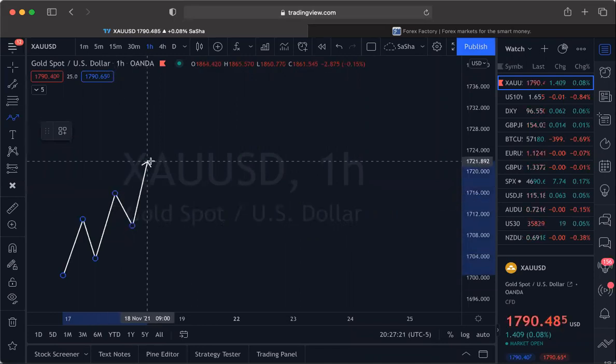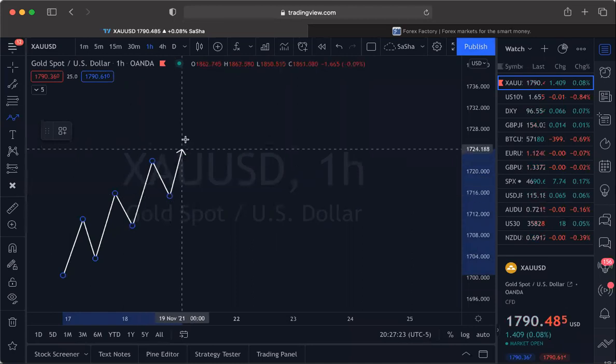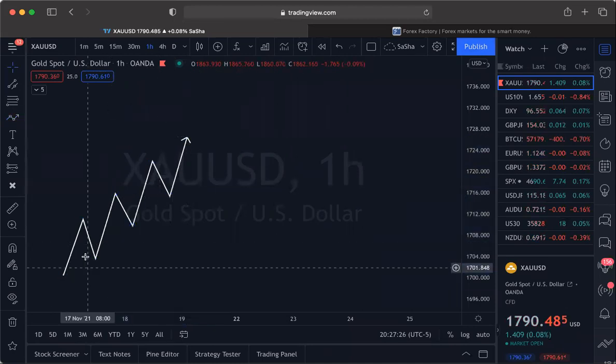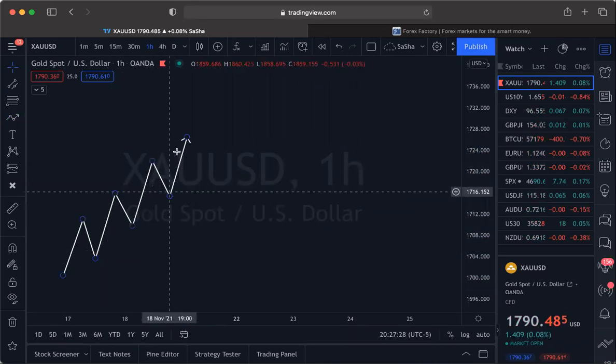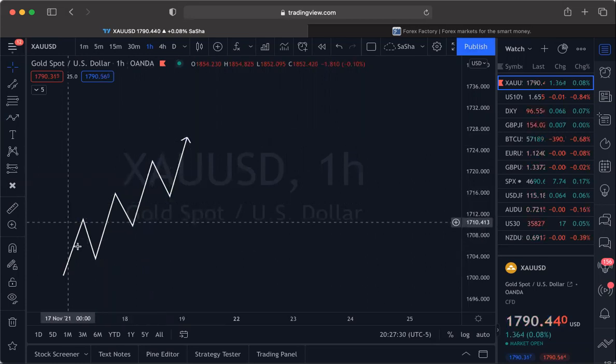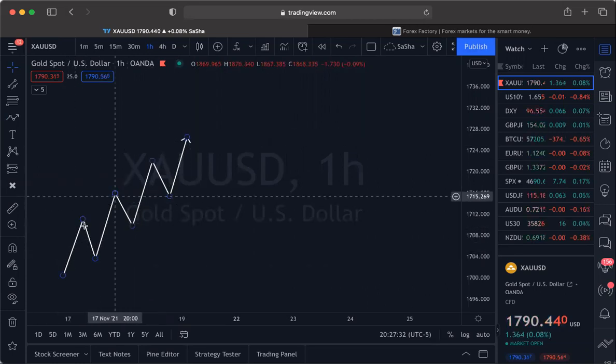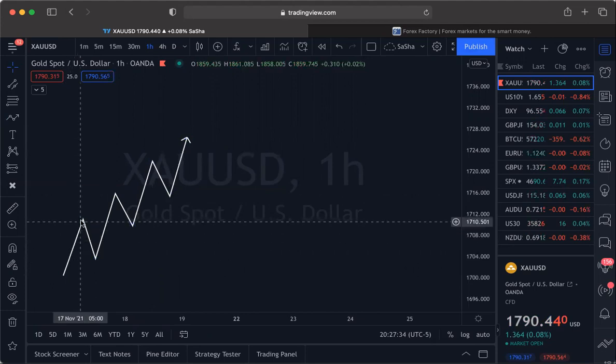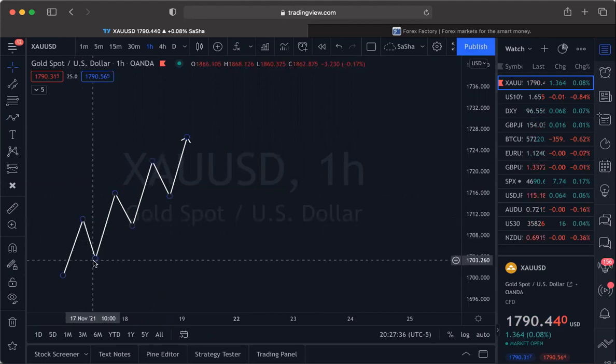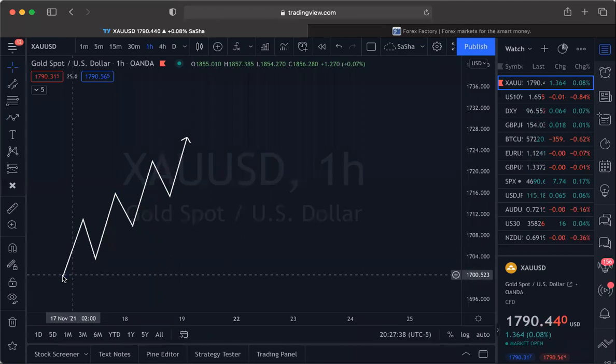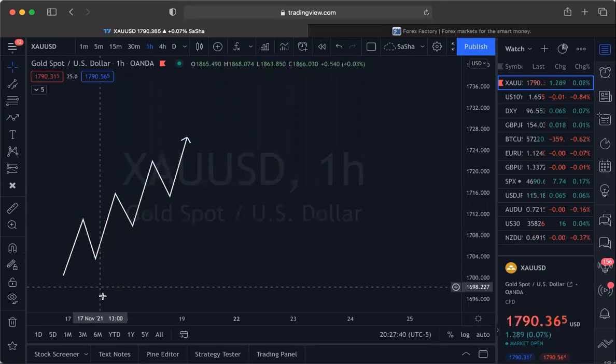And then we usually move in waves, right? We usually move in waves. And then when this is one leg, it retraces, but it did not break this leg to the bottom side.